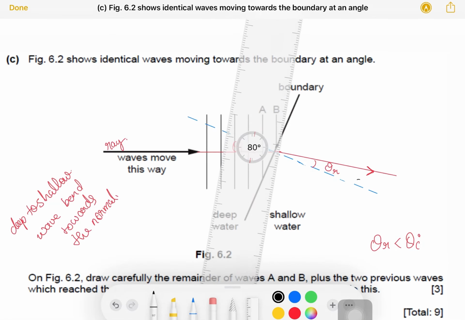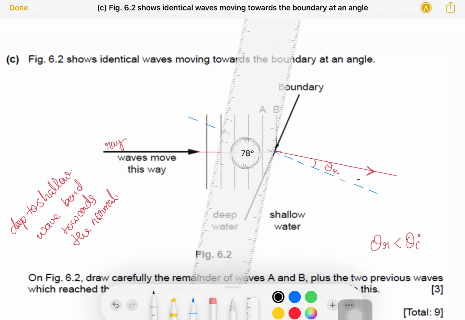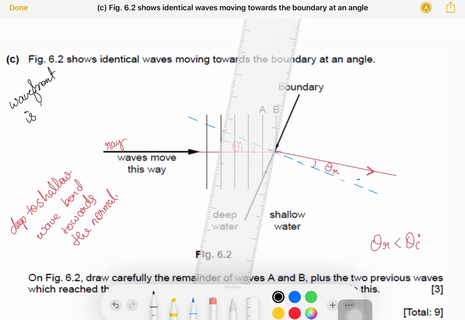You can keep the ruler such that it is perpendicular to the ray drawn, because our wavefront is perpendicular to the ray.